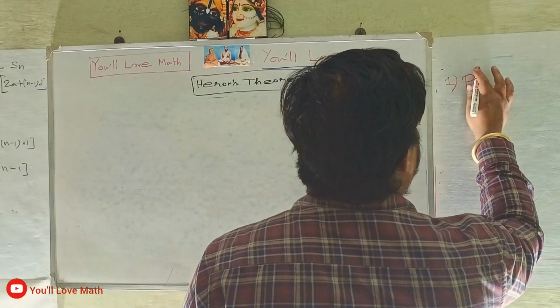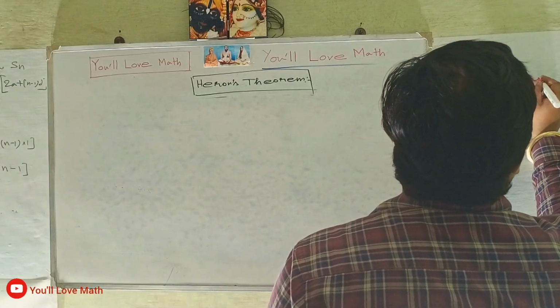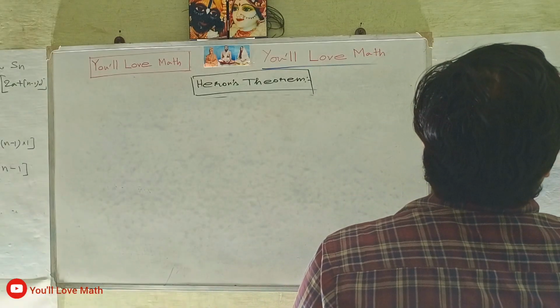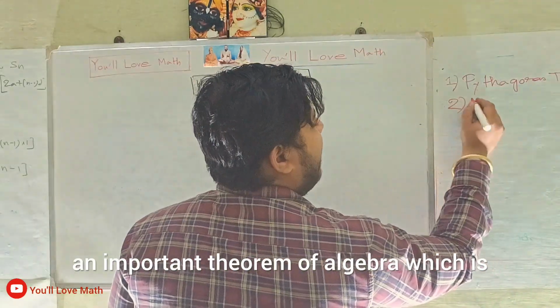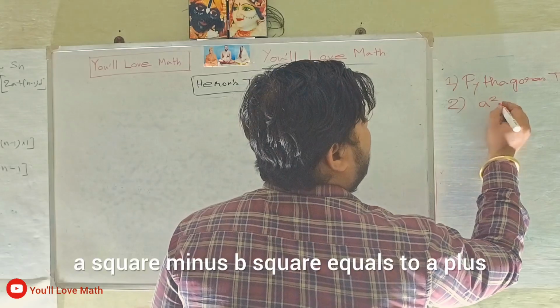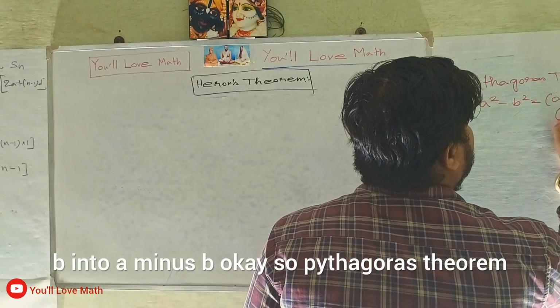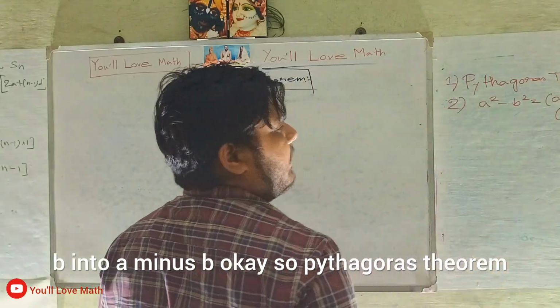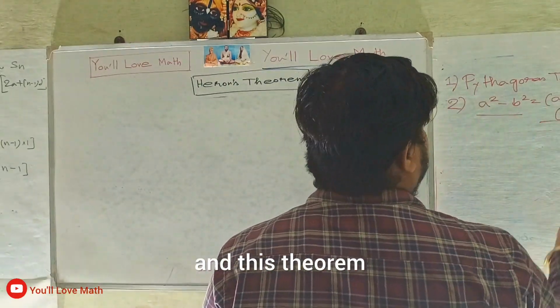Pythagoras theorem, and an important identity of algebra, which is a square minus b square equals a plus b into a minus b. Okay, so Pythagoras theorem and this identity.